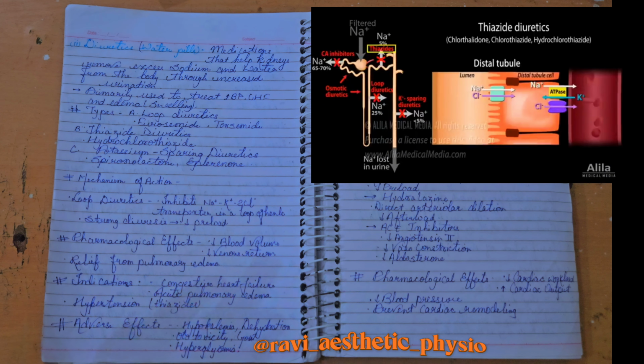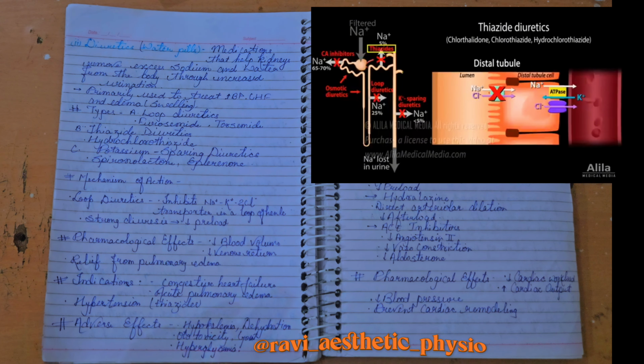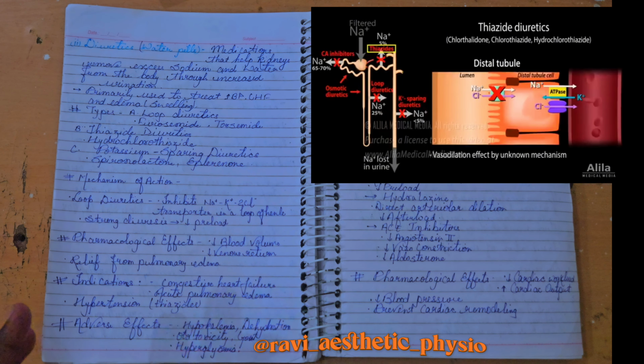Next, in which conditions do we use diuretics? First is congestive heart failure, acute pulmonary edema, and hypertension. In hypertension, thiazide is the best medicine for the patient, and in congestive heart failure furosemide and torsemide are essential. In acute pulmonary edema, you take hydrochlorothiazide to decrease the pressure or relieve the edema.